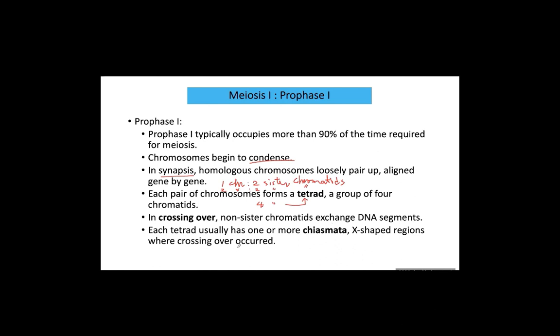Each tetrad usually has 1 or more chiasma or chiasmata, the same meaning. Chiasma appears as an X shape because 2 non-sister chromatids cross each other, so it looks like an X-shaped region where crossing over occurs.